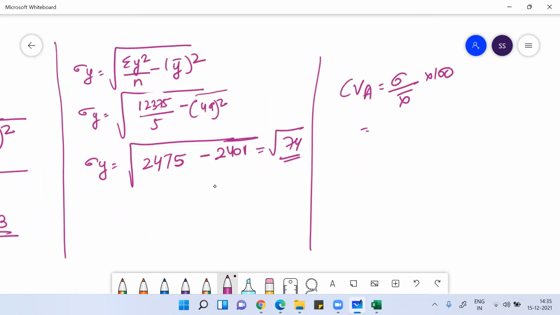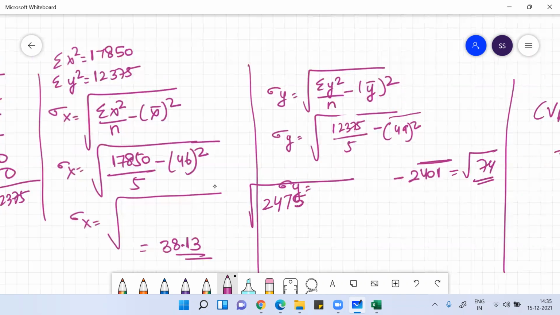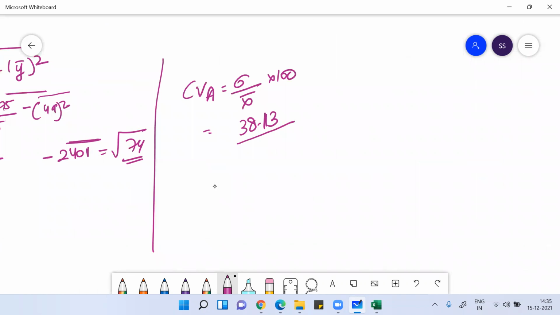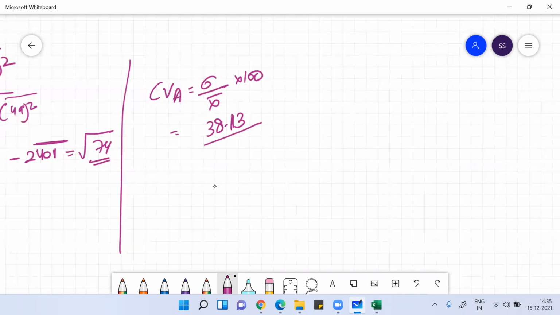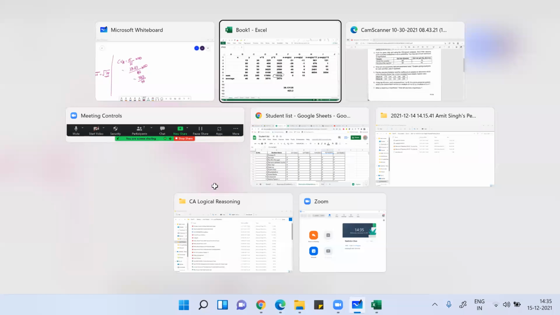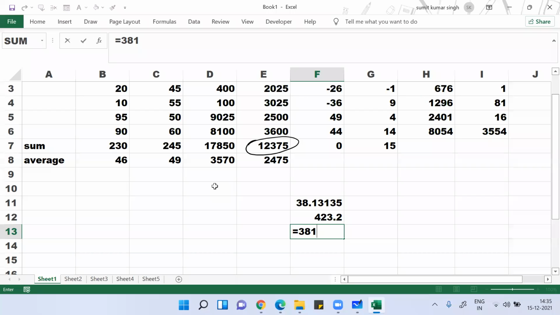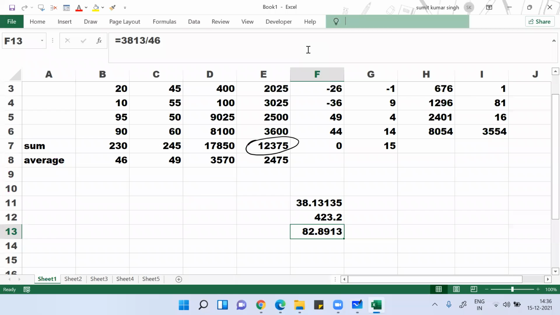The coefficient of variation for A is 38.13 divided by the mean, mean is 46, x bar, into 100. That comes to 82.8913.